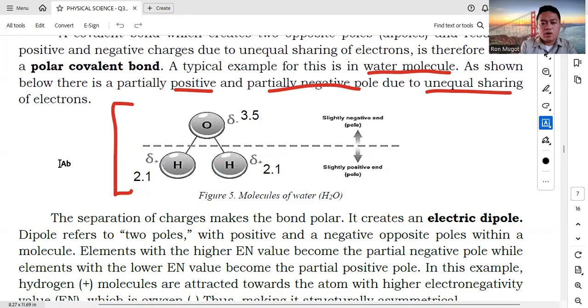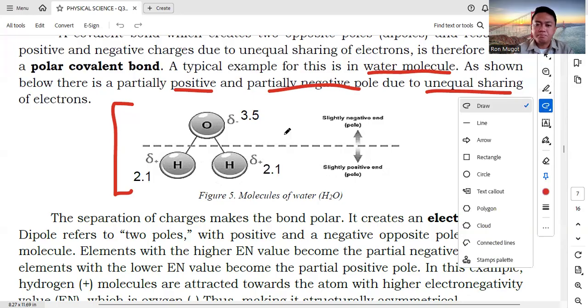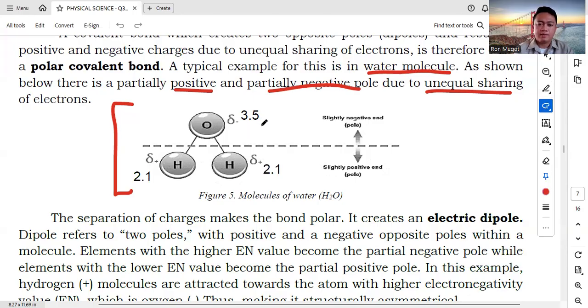Then your hydrogen is being pulled by the oxygen, since your oxygen is more electronegative. So if the EN value is higher, don't forget it, that atom is partially negative.